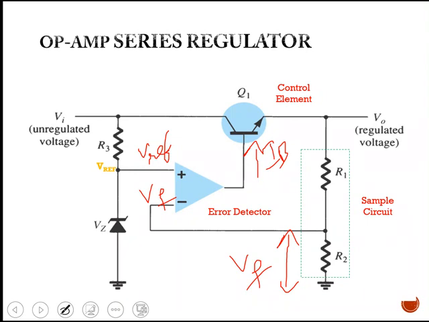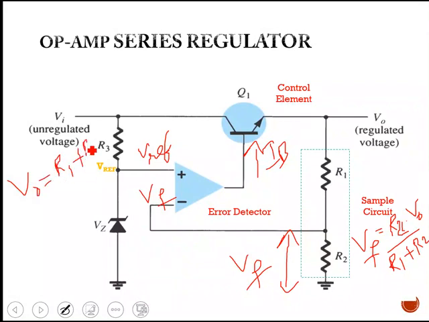So how can we express VF in terms of V0? VF is equal to R2 into V0 divided by R1 plus R2. Or we can write V0 is equal to R1 plus R2 divided by R2 into VF.